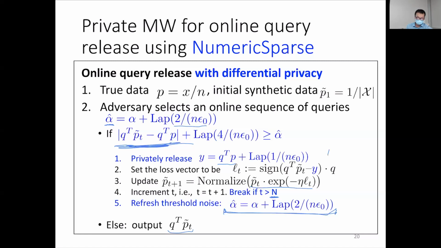Each time this t increments, we need to refresh the threshold noise. So that's n Laplace random variables.